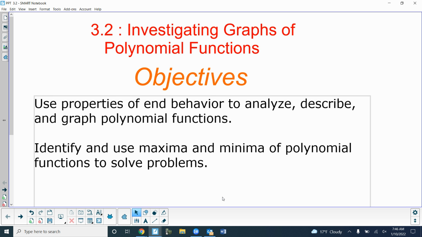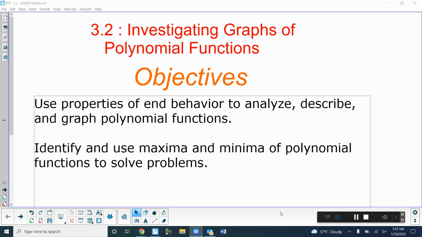All right. So we're going to look at what we call end behavior of graphs of polynomials. By end behavior, we mean the far right, positive infinity, and the far left, negative infinity. We're also going to find mins and maxes of these polynomials.